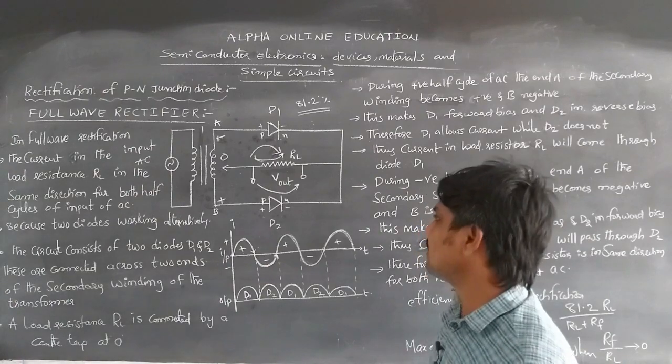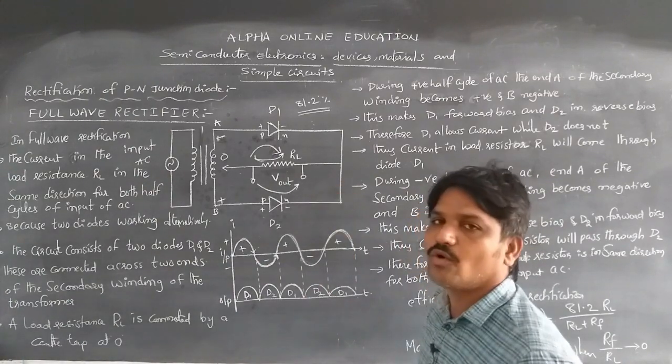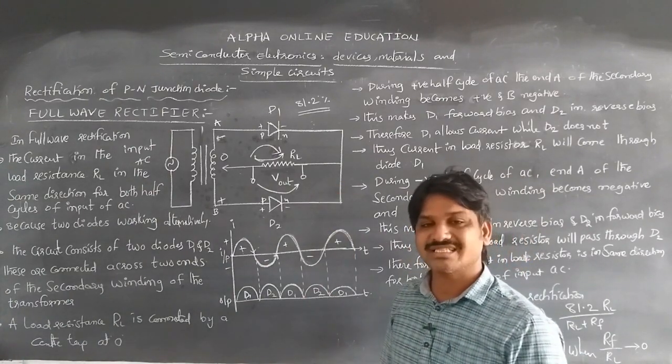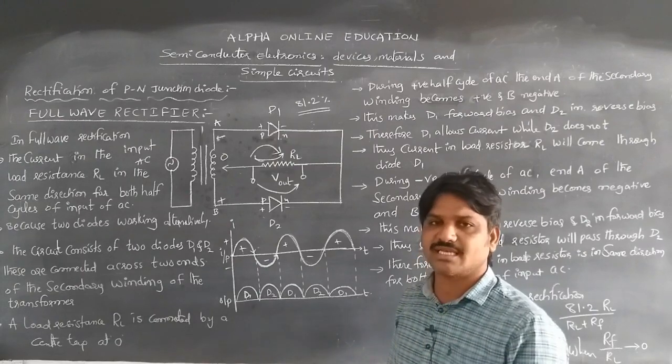So in this case the current will flow in the load resistance in the same direction for both half cycles, D1 and D2.